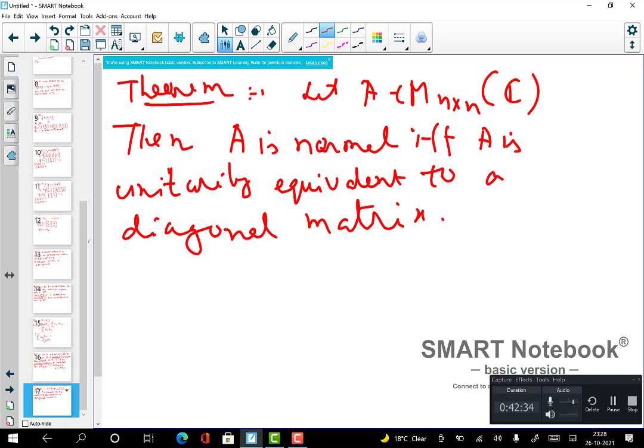So in that example, you need the unitary property.